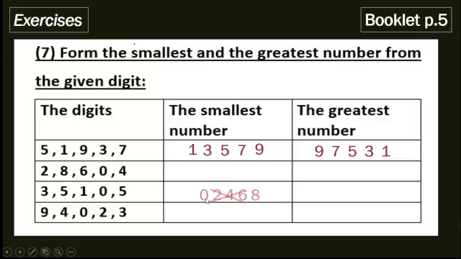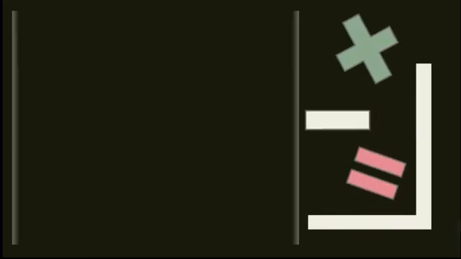So I will put this 0 between 2 and 4, so it will be 20468, and I will read it as 20,468. The greatest number, I will arrange the digits again in descending order. They will be 8, 6, 4, 2, 0. The next two exercises are for you as homework.